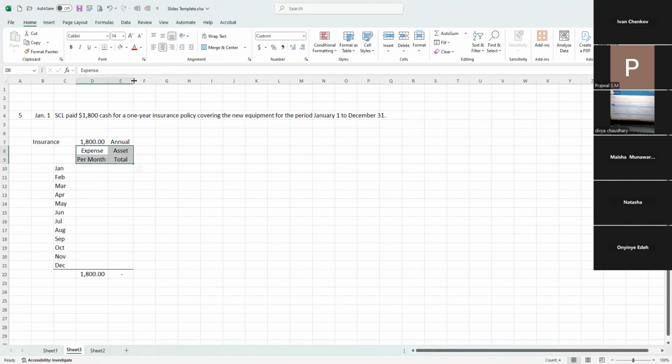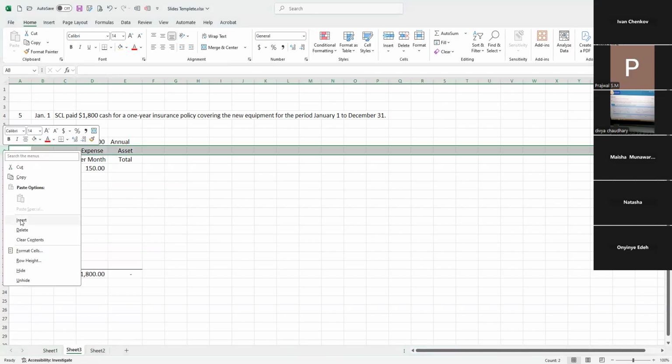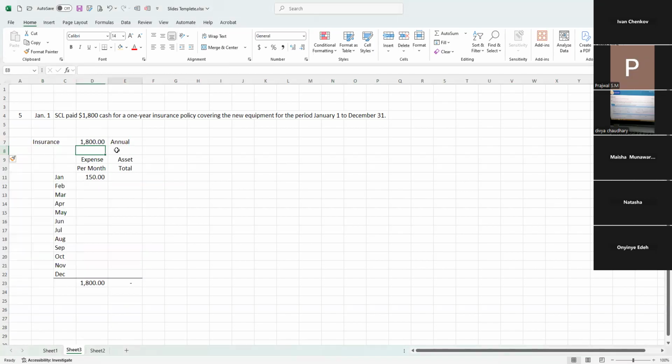Okay. So per month, how are we going to calculate it? This one divided by 12. Let's do this calculation here. Annual, per month. That will be this amount divided by 12.